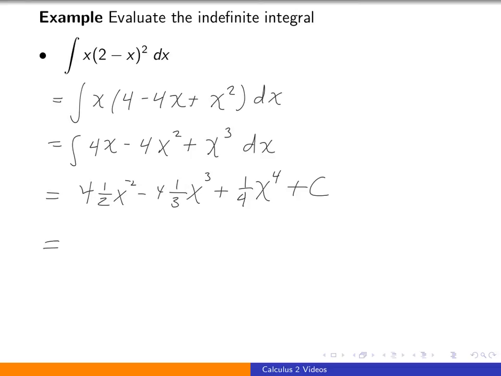So 4 over 2 is 2, so we'll say we have 2x squared minus 4/3 x cubed plus 1/4 x to the 4th plus c. And that represents the indefinite integral of x times the quantity 2 minus x squared.